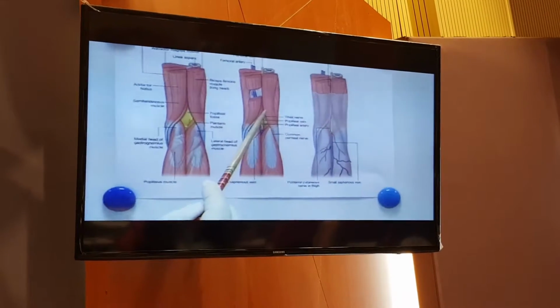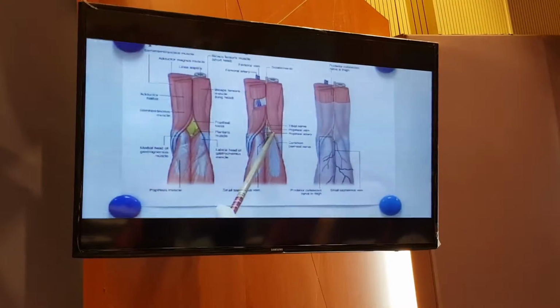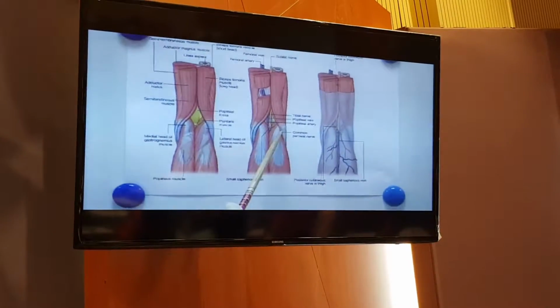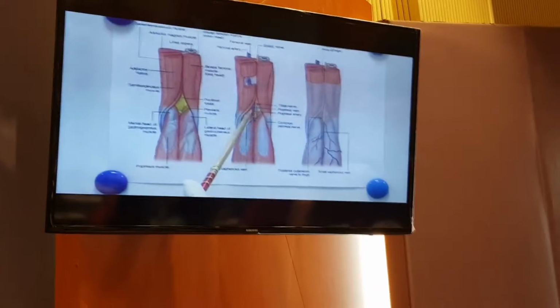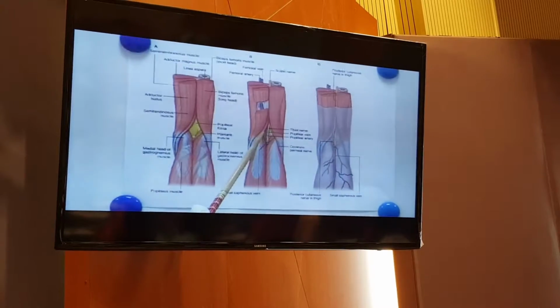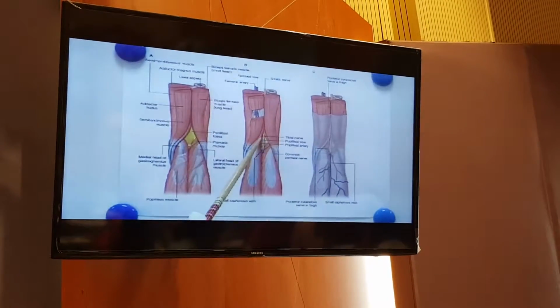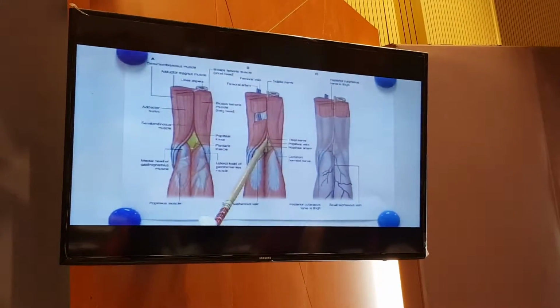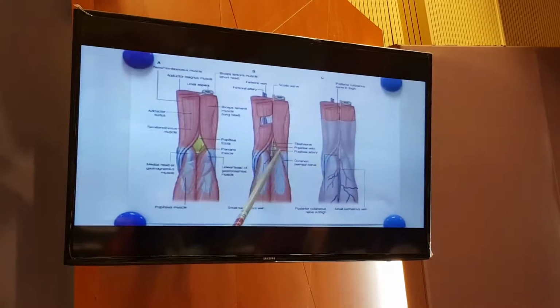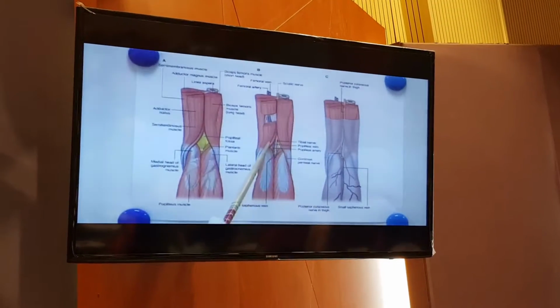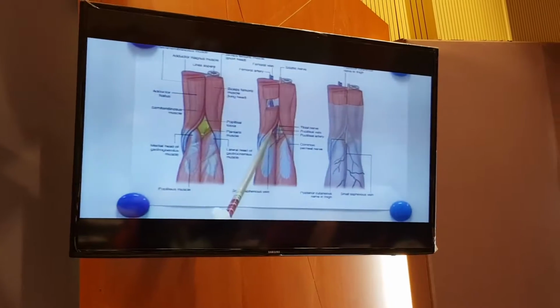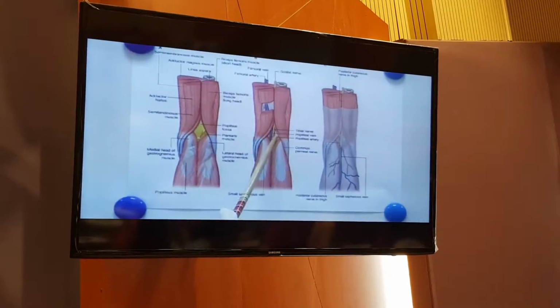Along the upper lateral border is the common peroneal nerve. So the contents from medial to lateral are the popliteal artery, popliteal vein, tibial nerve, and common peroneal nerve, together with fat and popliteal lymph nodes.